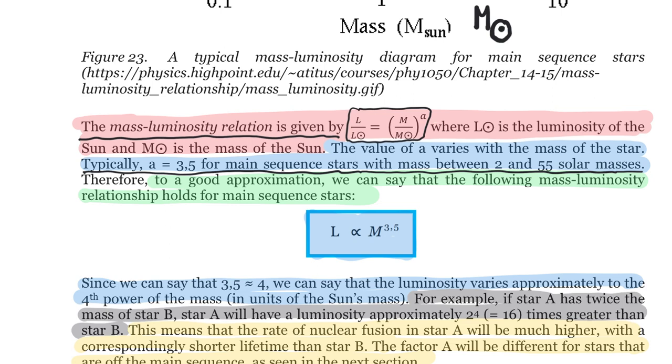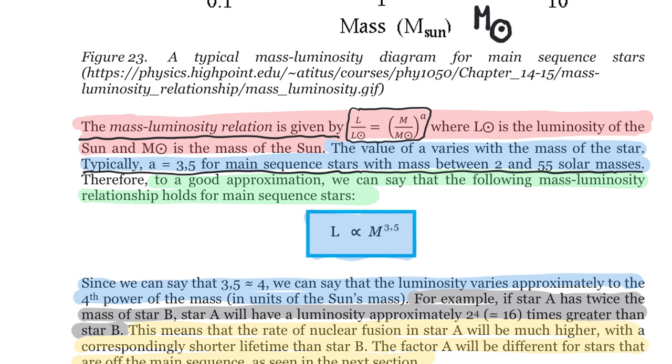Now, because luminosity is dependent on absolute temperature to the power 4, we can say that the luminosity varies approximately in the same way to the 4th power of the mass in units of the sun's mass.